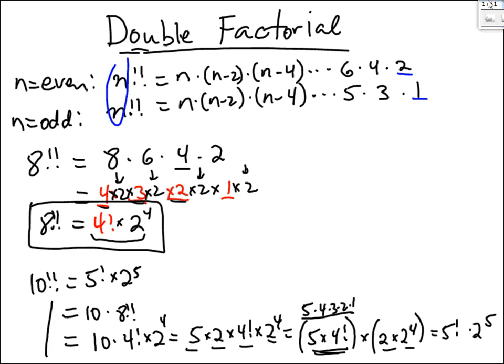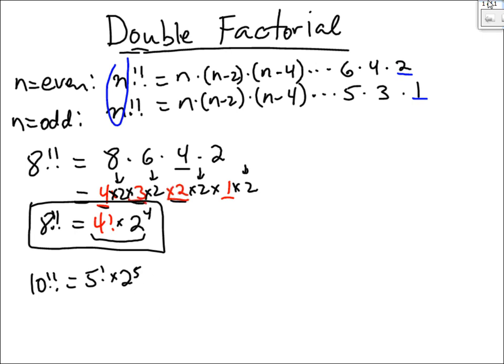So the question is, do we see a pattern with 10 double factorial and 8 double factorial? Well, the first thing I'll notice is that what I'm taking the factorial of and the power of the 2 are always the same. The next thing I'll notice is that if you take half of this number, you get the 4.